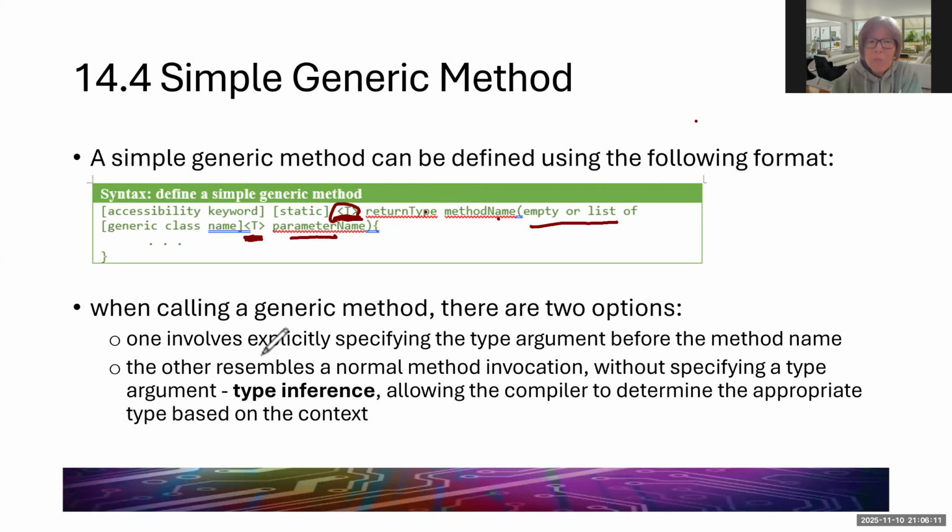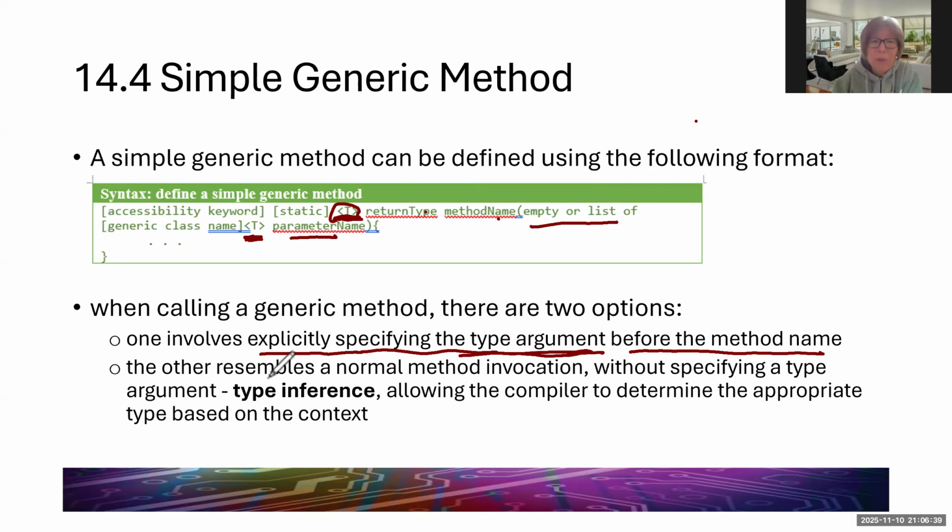One is to explicitly specify the type argument before the method name. So this is one option, and this is different from what we have learned for a regular method. So before the method name, you specify the type argument.